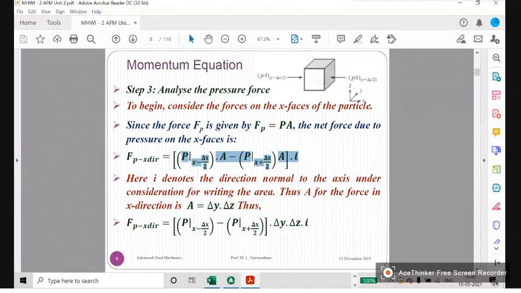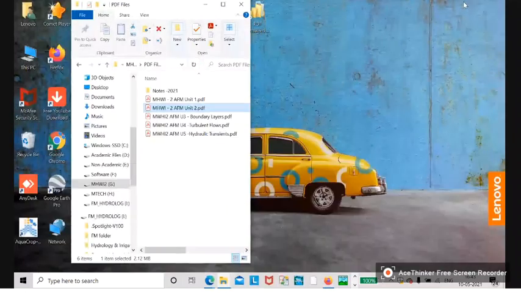See, it is the pressure. Listen carefully. It is the pressure on the face x minus delta x by 2, and it is the pressure on the face x plus delta x by 2. What is the pressure on the face? That I told you, you have not listened properly.